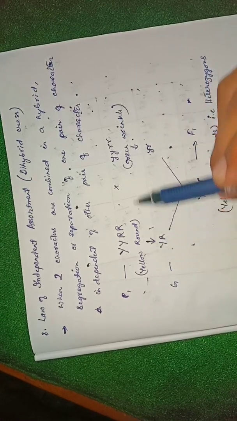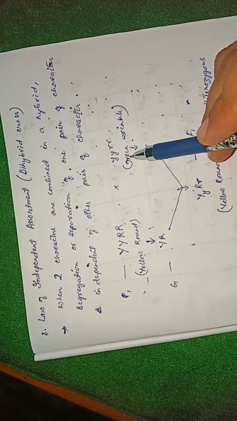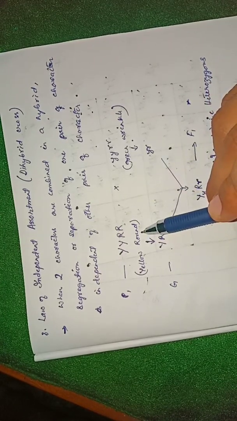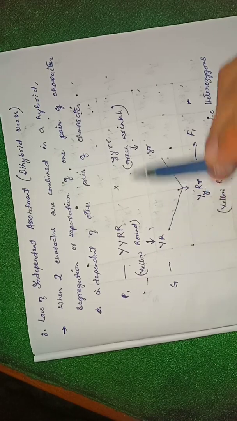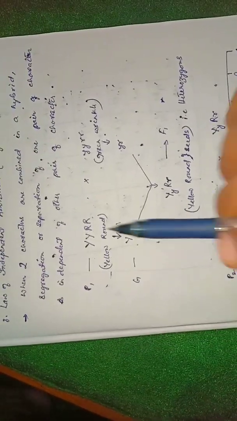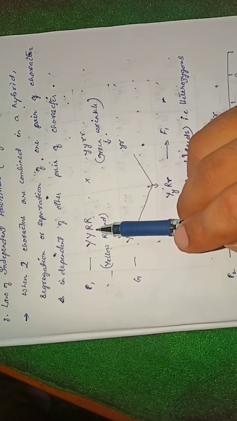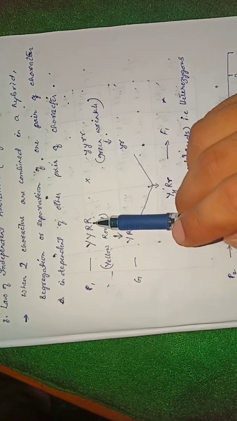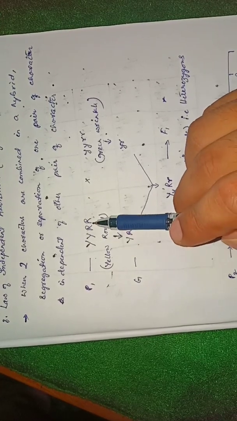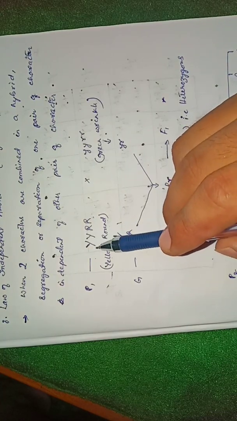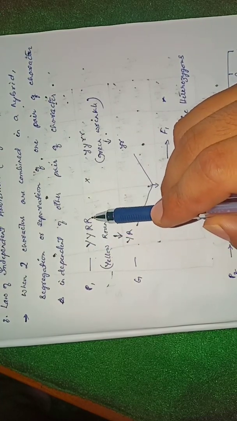So yellow is the dominant color, green is the recessive color. Round is the dominant shape of the seed, and wrinkled is the recessive shape of the seed. This plant has both characters, that is yellow round. So this is called the dihybrid cross because it has two characters.